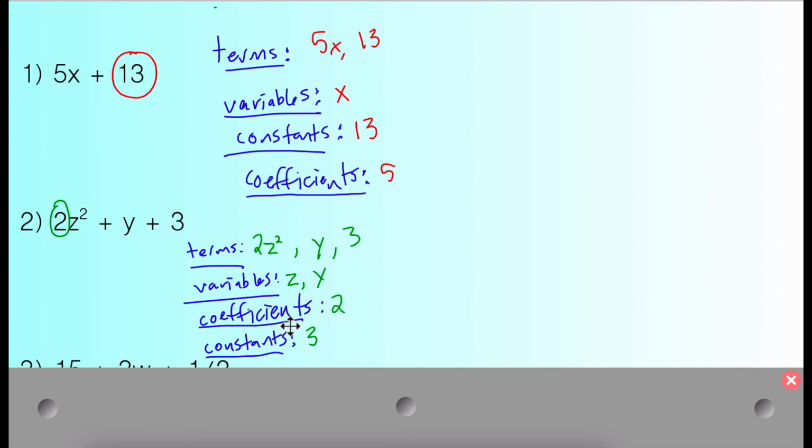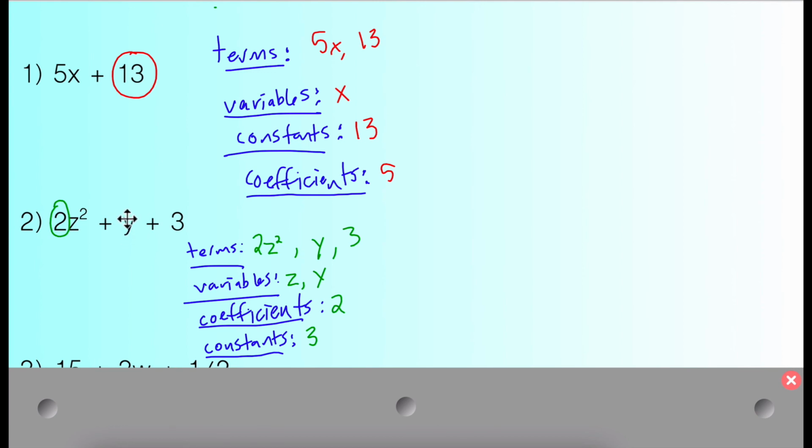There it is. The other variable, y, you might be thinking to yourself, well, that doesn't have a coefficient. There's no number there. All right, so here's where you have to be a little careful. Every variable has a coefficient. It's the number that's being multiplied by the variable. If you don't see something there, it doesn't mean that it doesn't have a coefficient.